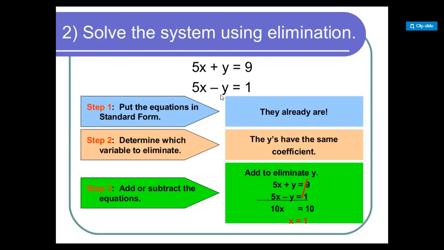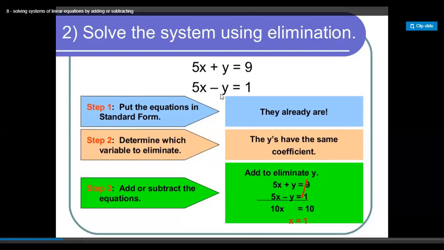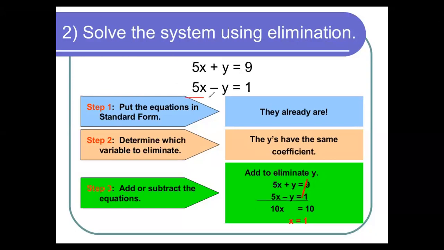Which one is easier, to add two numbers, or to add the number with its additive inverse? So it's easier to add the number and its additive inverse. It will be equal to 0. So we will cancel y now.